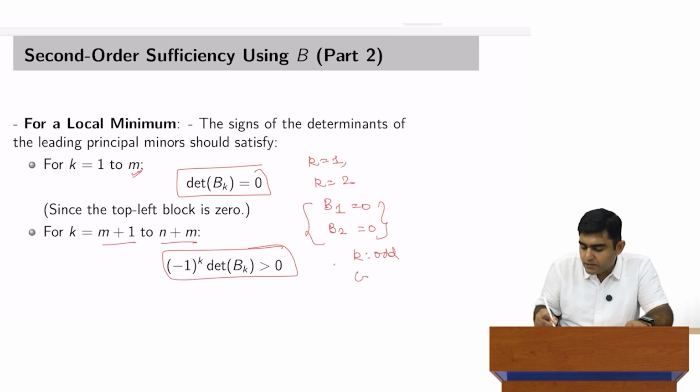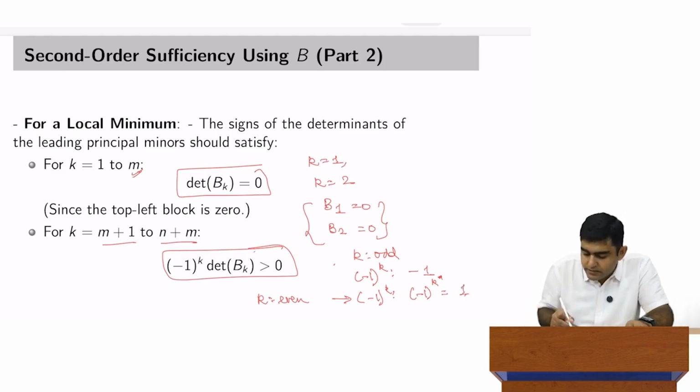we have minus 1 raised to power k as minus 1, and for k even, we have this as minus 1 raised to power some even number, I am representing it by k star, which comes out to be 1.